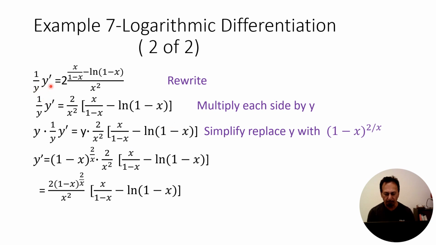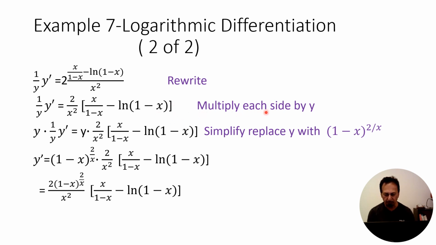So we have 1 over y times y prime equals 2 times, the derivative of natural log of 1 minus x, which becomes x over 1 minus x, and the derivative of x is 1, so this just becomes minus natural log of 1 minus x. So we factor out x squared, and we write 2 over x squared times bracket x over 1 minus x minus natural log of 1 minus x, bracket close.